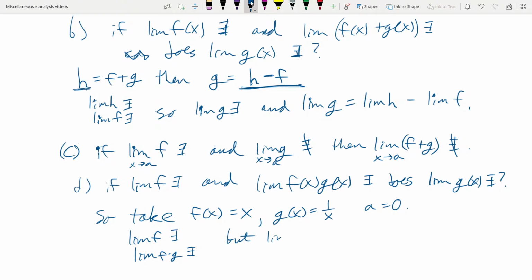But the limit of g does not exist as x goes to 0. The source of the problem is that the function f of x becomes 0 when x is equal to 0. So facts about addition and facts about multiplication are often not interchangeable because of this, and we have to treat them separately.